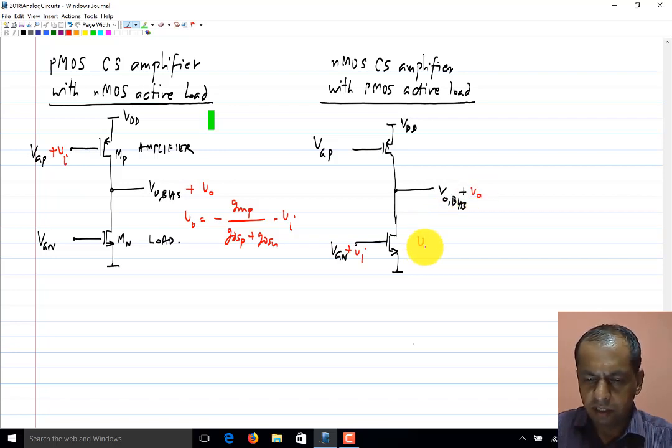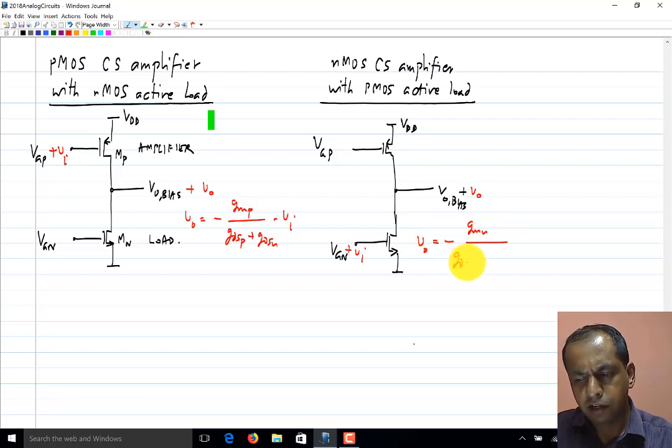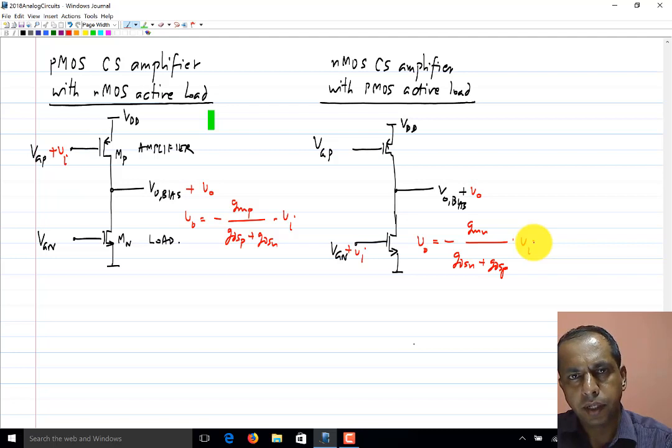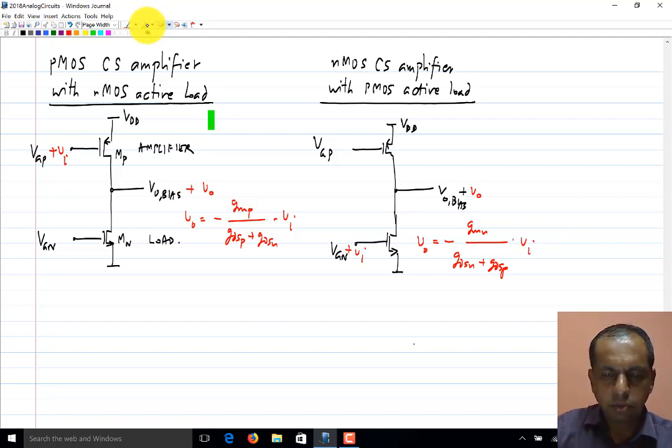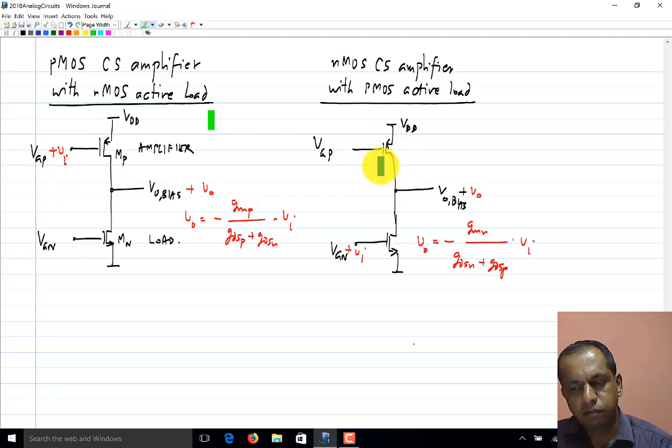So again, we can write the expression for VO, and it's pretty obvious that in this case we have the transconductance or GM of the NMOS transistor divided by GDSN plus GDSP times Vi. Okay. So the two circuits are exactly the same. If you look at it, we have an NMOS transistor at the bottom and PMOS transistor at the top, the same here. The only difference is in which transistor the input is applied to. Okay.